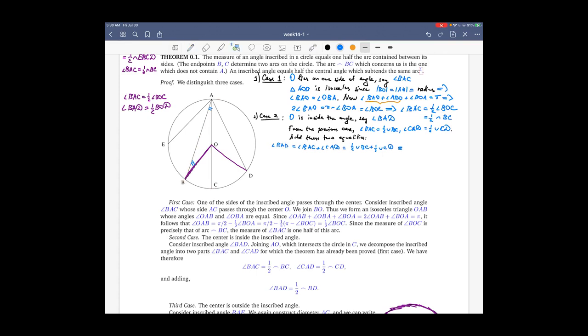On the other hand, if we factor out 1/2, arc BC plus arc CD equals, of course, arc BD. So that's 1/2 arc BD. Or in other words, 1/2 the angle that subtends that arc, BOD.